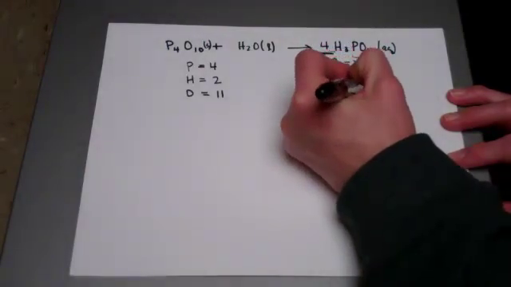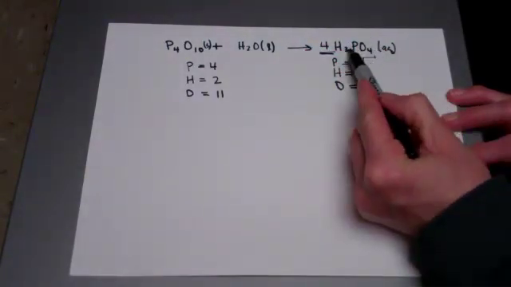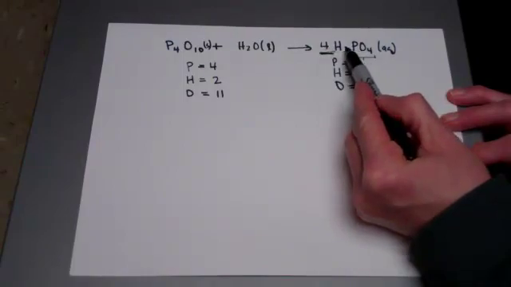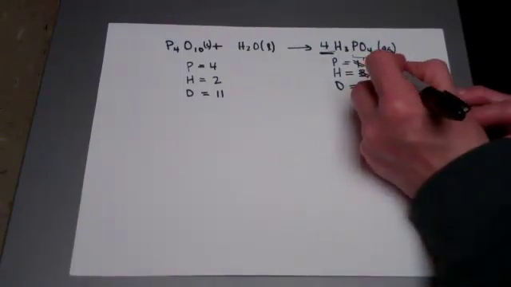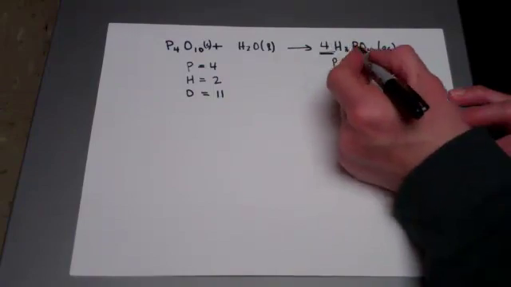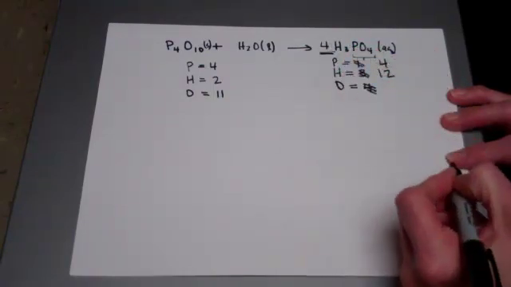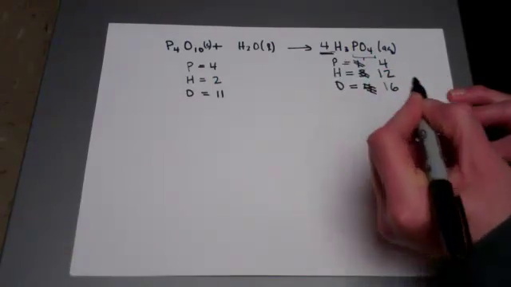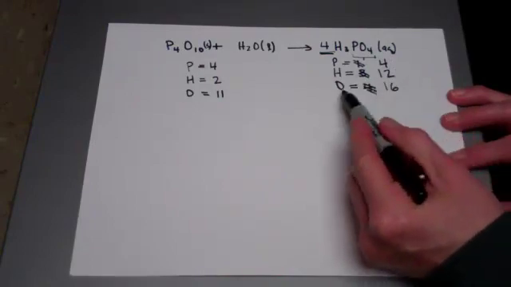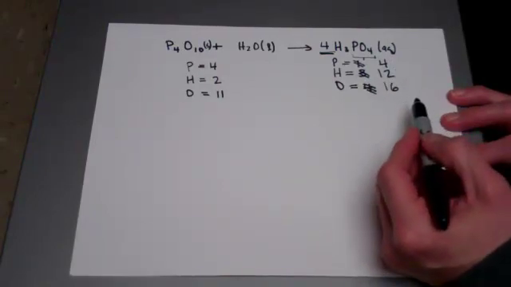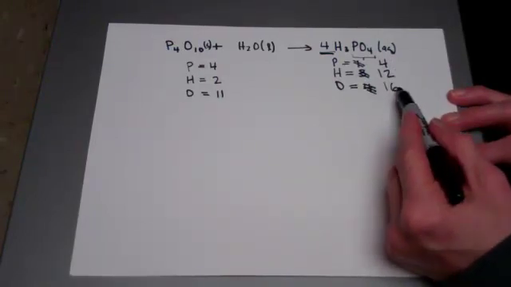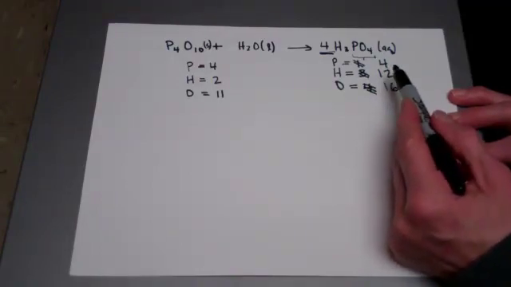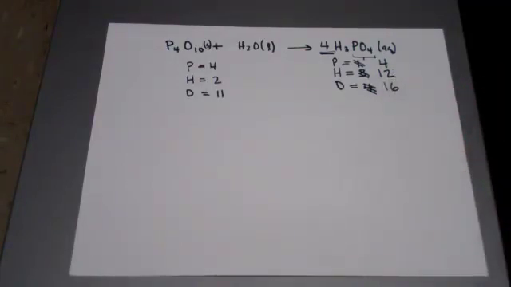So these are all going to be different now. 4 times 3 is going to be 12 H's. 4 times 1 phosphate is going to be 4. And our oxygen is going to be 4 times 4 is 16. So now we have more hydrogen and oxygen on this side. And our hydrogen is going to be even now. So I like evens. Evens are divisible. You can usually get evens on the other side.